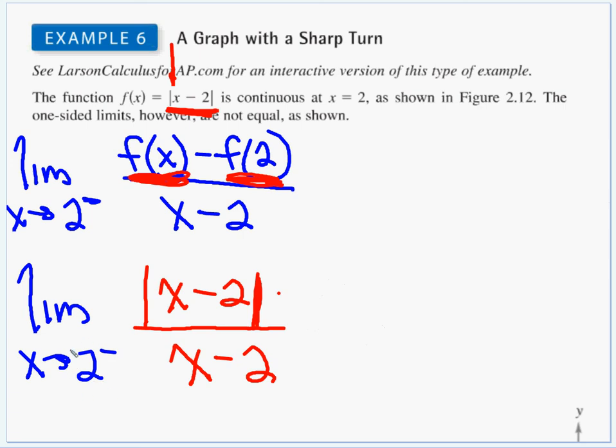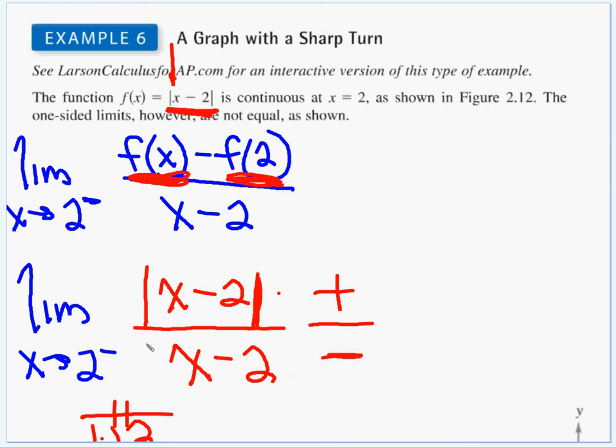We're approaching from the left side. Our numerator is, let's pick a number a little bit to the left of 2. If we're approaching from the left, think 1.9. In the bars, I would have 1.9 minus 2, and the bars would force it to be positive. Downstairs, 1.9 minus 2 would be the same value, but it would be negative.